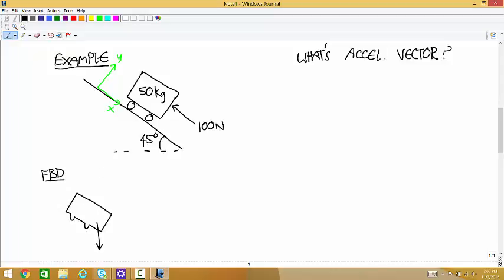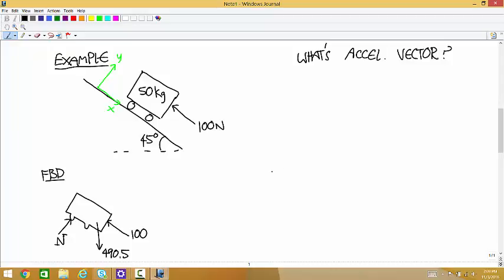There's a weight force. That's 50 times 9.81, so 490.5. There's a force applied parallel to the surface of 100 newtons. Then there is a pushing contact from the ground. That's perpendicular to the surface, and I'll call that N. Any other forces acting on the boundary? Nope.